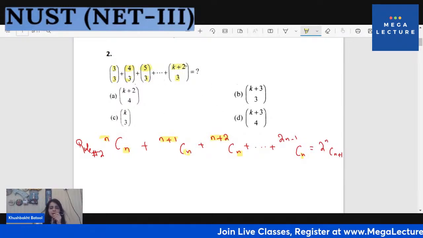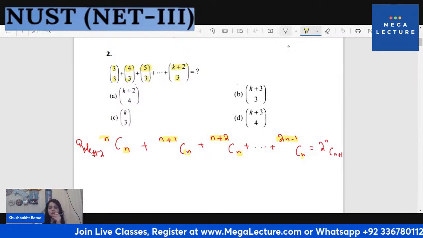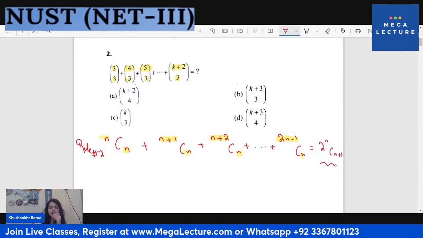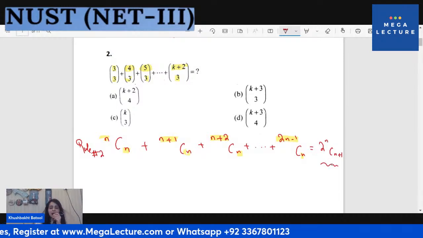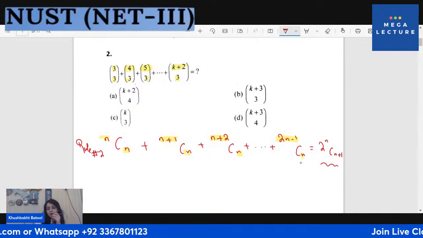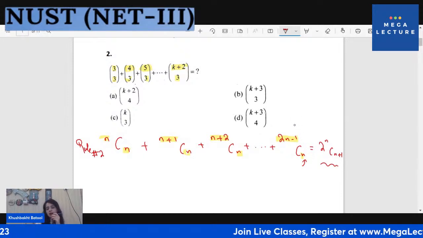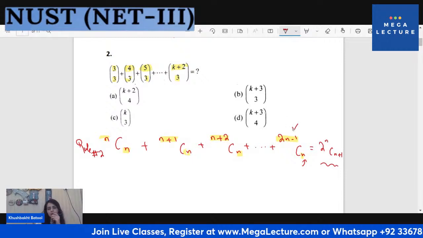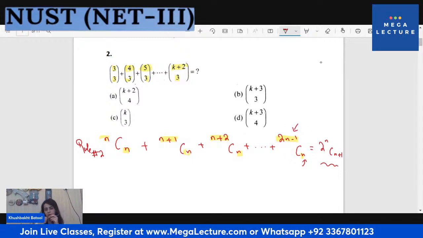And then this k plus 2 can be thought of as this 2n minus 1. Okay. So for the final answer, we have just added 1 over here, and we have added 1 over here as well. Okay.